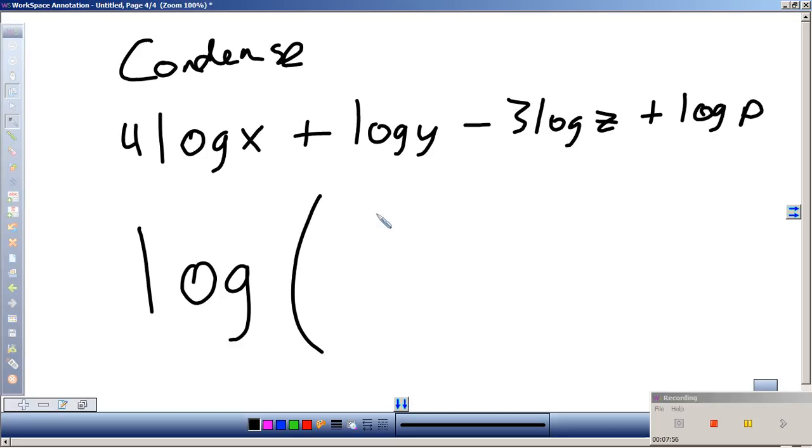What do we have? x to the 4th times y. Addition outside changes to multiplication inside. Like that? You were concerned.